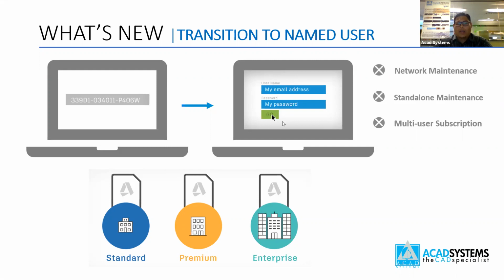The new plans, called Standard, Premium, and Enterprise, are designed for named users and provide a range of administrative support and reporting capabilities for businesses of every size. There are many benefits of working with named users, including optimizing your licensing costs by having visibility into your staff usage data.